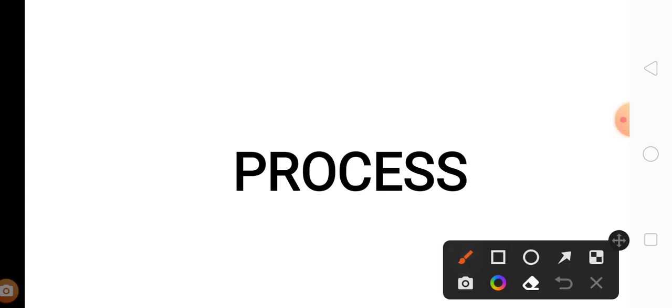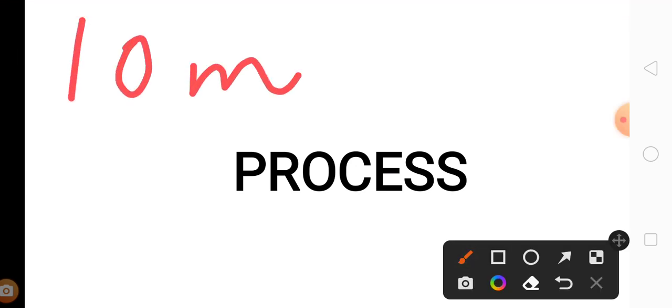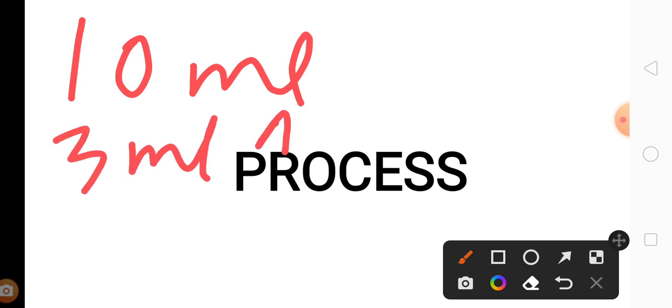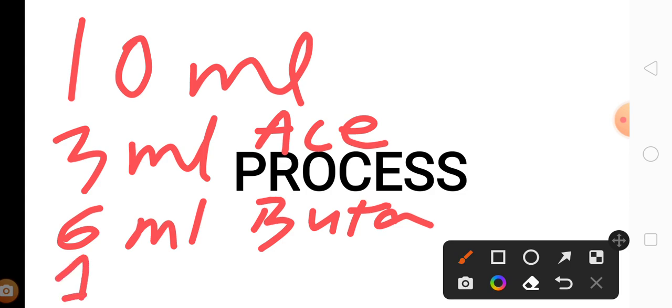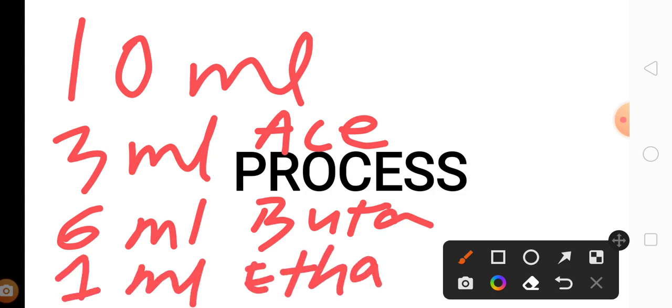Hence, when we are producing 10 ml, 3 ml will be acetone, 6 ml will be butanol, and 1 ml will be ethanol. Is it clear?